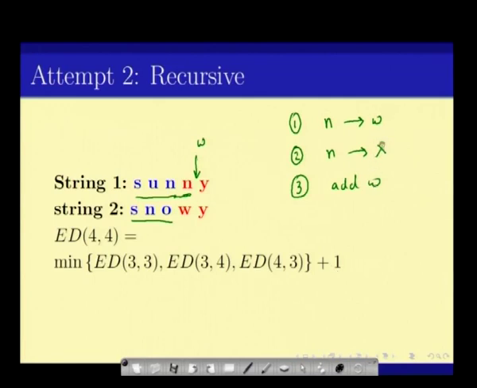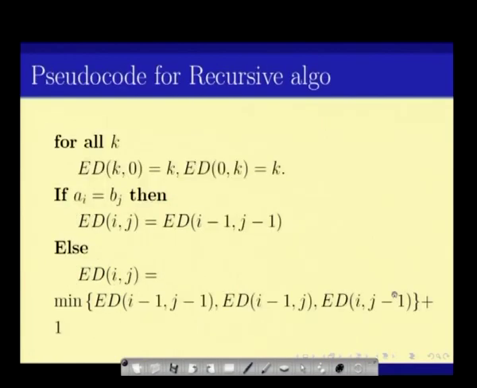In each of them you have already done one edit, so it is plus 1. So, this is the recursive algorithm that we have. The pseudocode of the recursive algorithm is: first define the base case. Then, if A(i) equals B(j), it is simply ED(i,j) equals ED(i-1,j-1). Else, ED(i,j) equals the minimum of all these three things, ED(i-1,j-1), ED(i-1,j) and ED(i,j-1), plus 1.